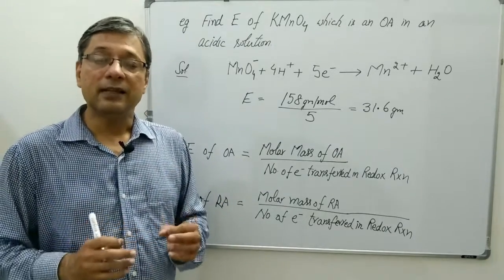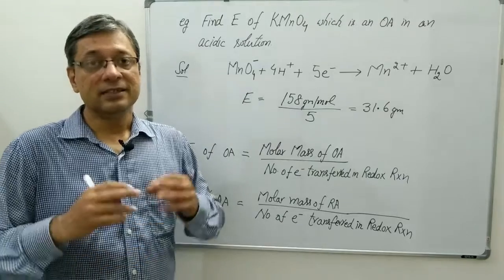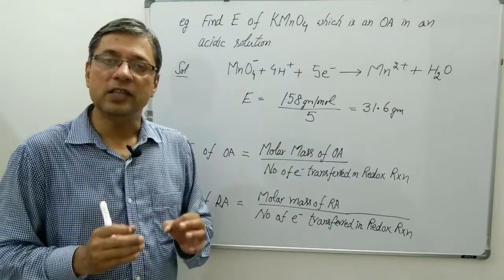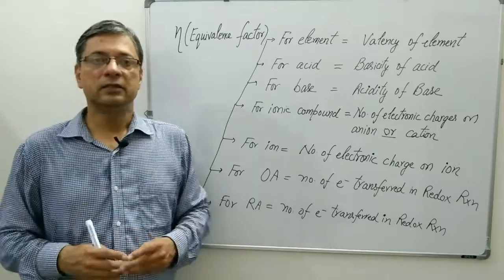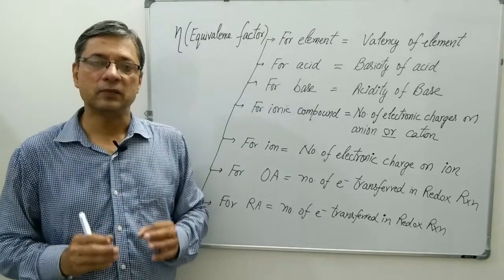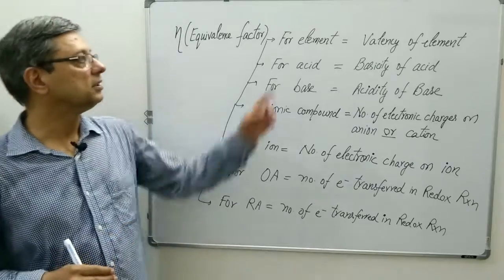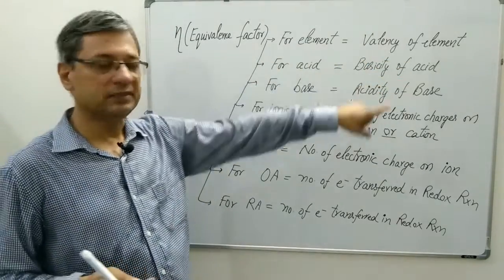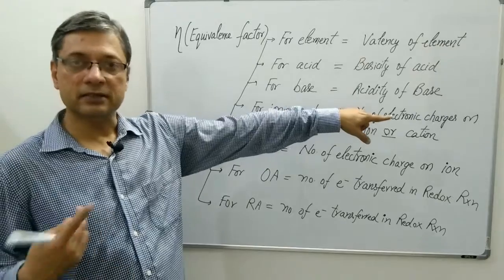So we have come across different values of equivalence factor for calculating equivalent mass of different types of substances. Let us summarize these different values of equivalence factor. For element it will be valency. For acid it will be its basicity. For base it will be its acidity.